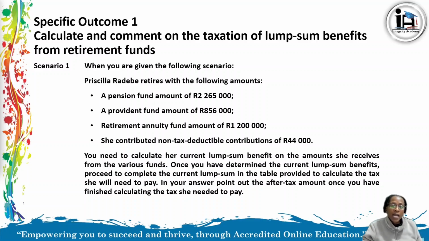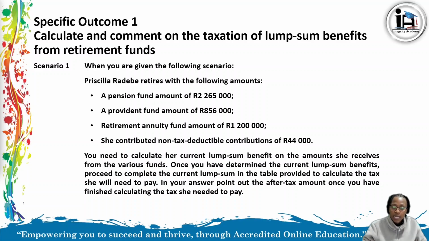You can email us. So scenario 1, you are given the following scenario. Priscilla Radebe retires with the following amounts: a pension fund amount of 2,265,000, a provident fund amount of 856,000, retirement annuity fund of 1,200,000. She contributed non-tax deductible contributions of 44,000.